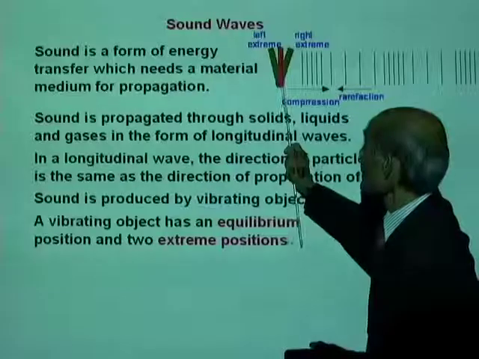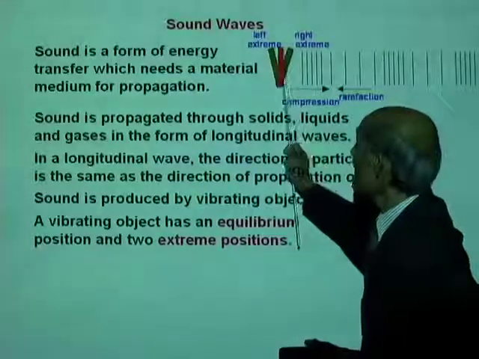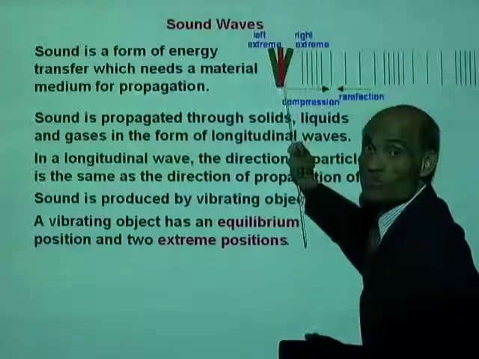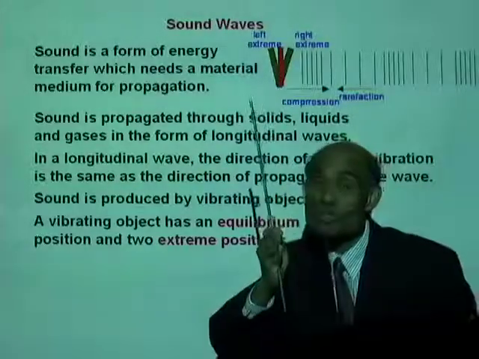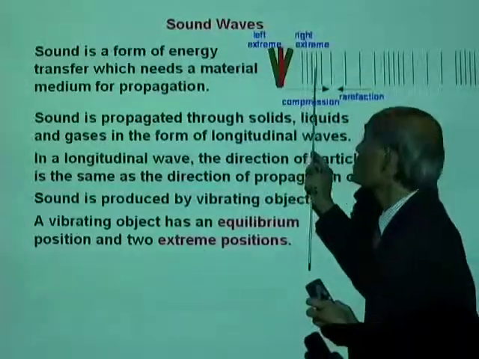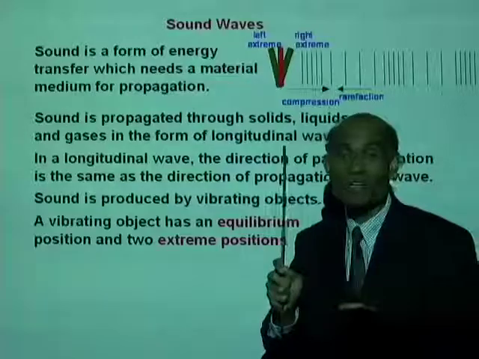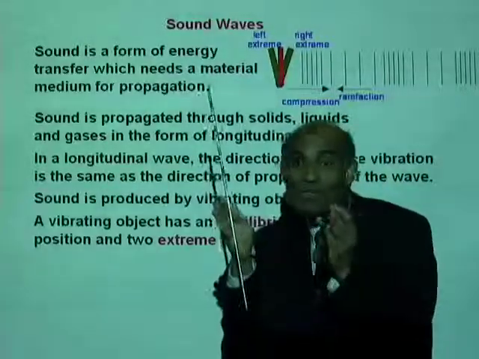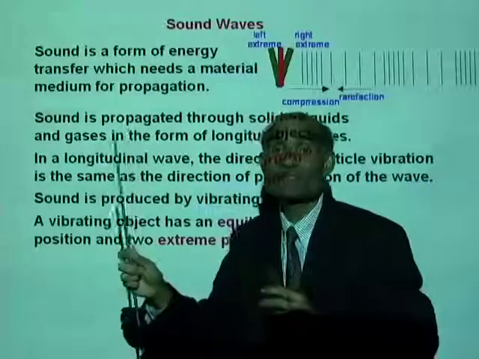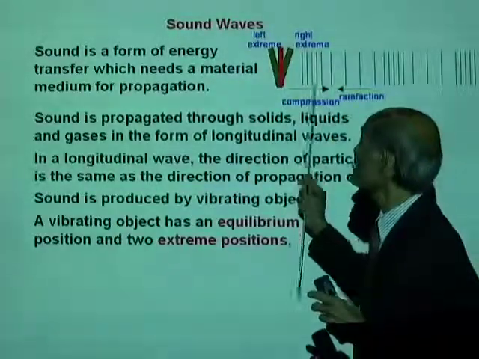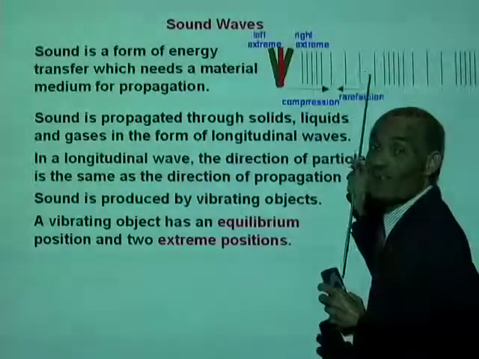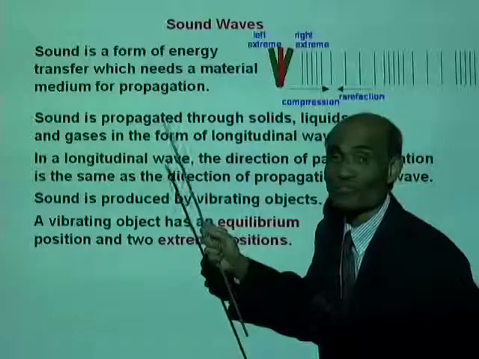Now, if the vibrating object is at the left extreme, as it moves to the right, it will push the particles of the medium together, forming a region of high density. You remember longitudinal waves have regions of high density and regions of low density. Regions of high density are called compressions, and regions of low density are called rarefactions.